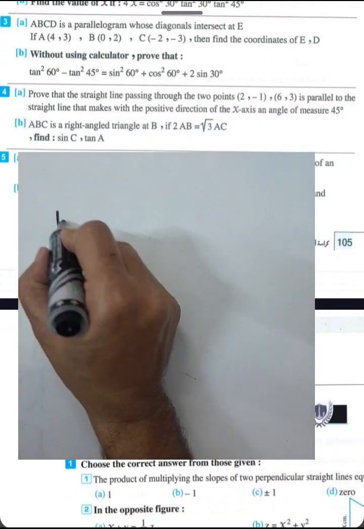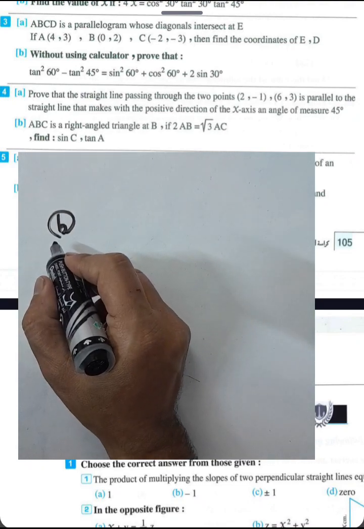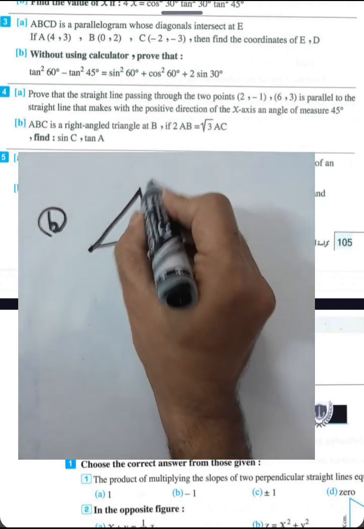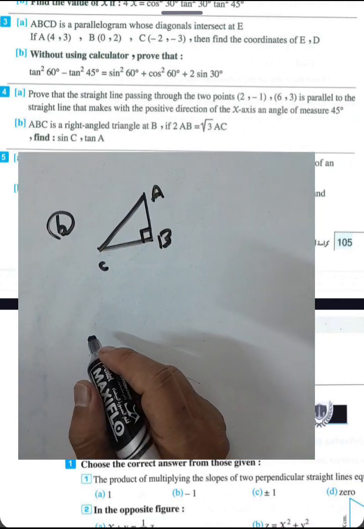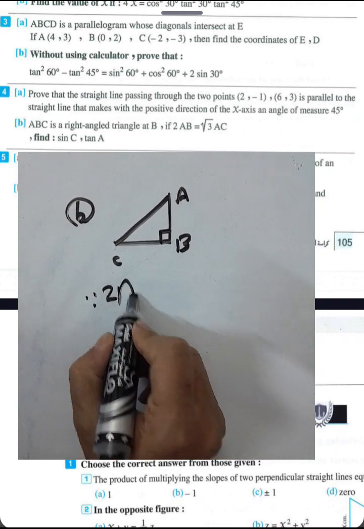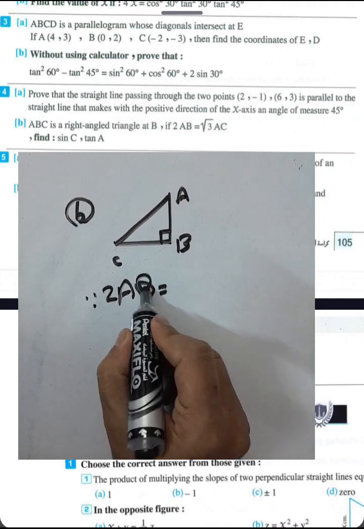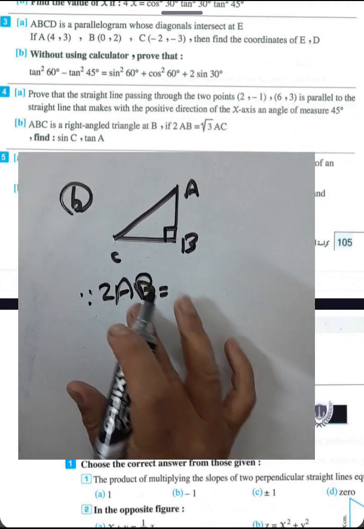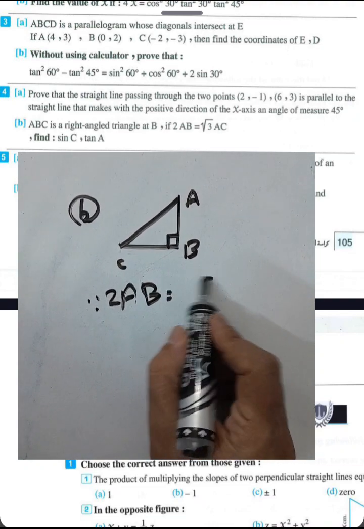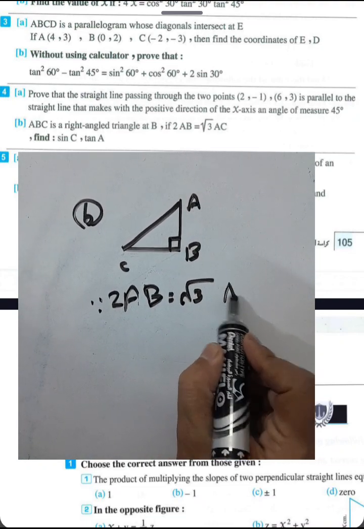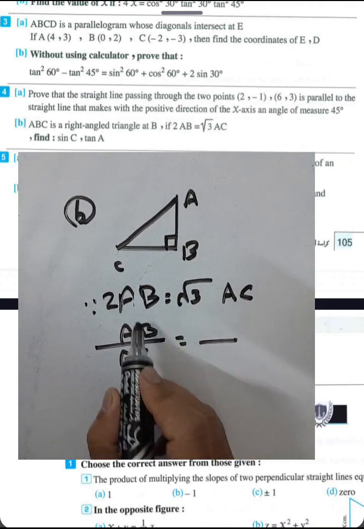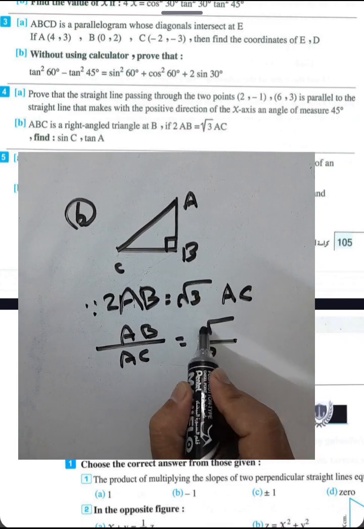Question letter B. ABC is a right angle triangle at B. If twice AB equal root 3 of AC, you can write the ratio between AB and AC: AB multiplied by 2 and AC multiplied by root 3.